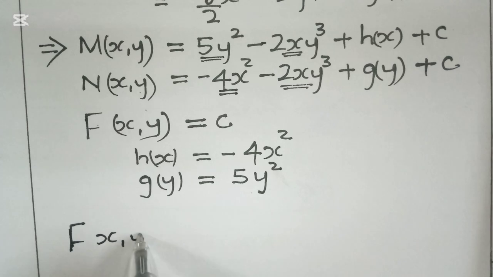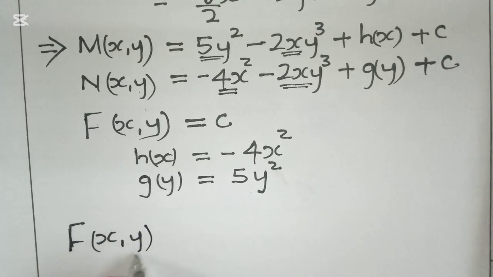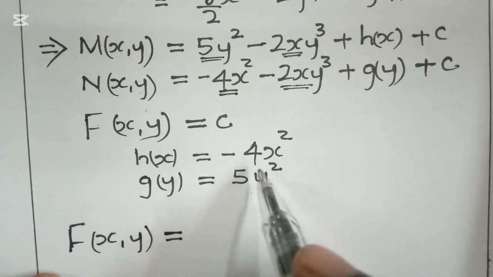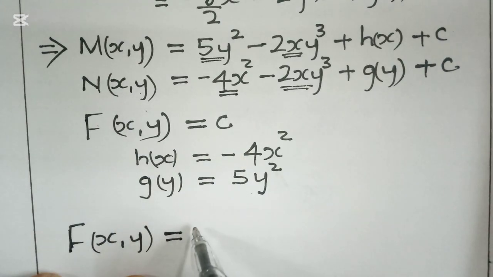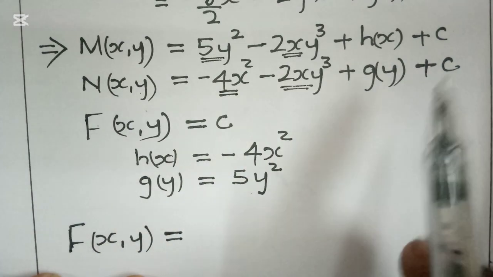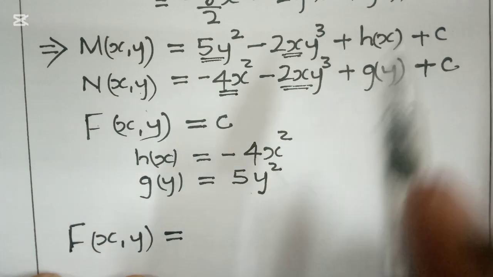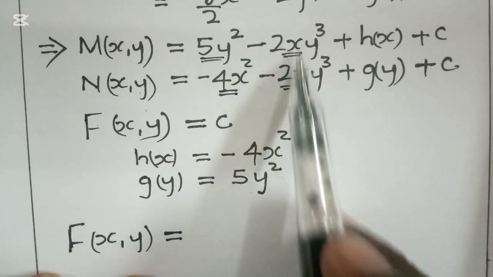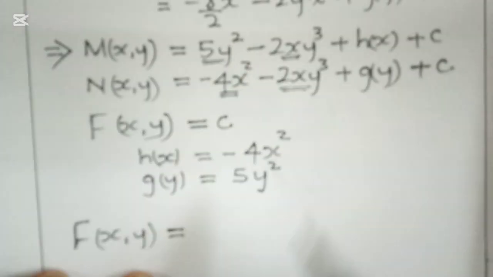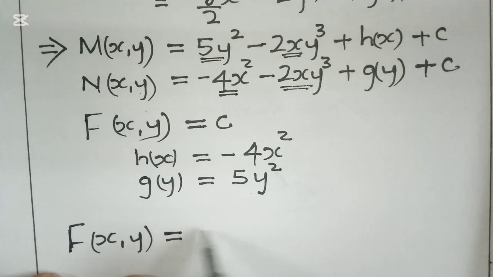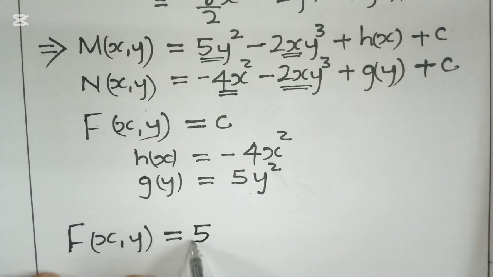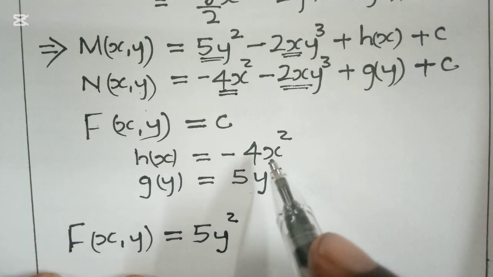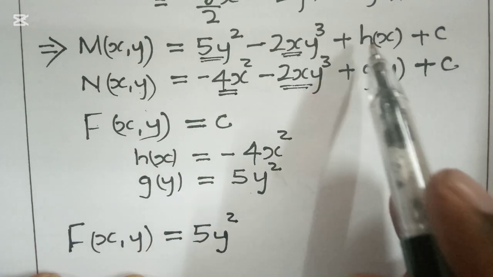is going to be given by, we're now going to write, you can write any of them, but only one of them we are going to write. So guys, I can write this, but now it's a combination of both. So I'll write 5y squared, now I write without g(y) or h(x).